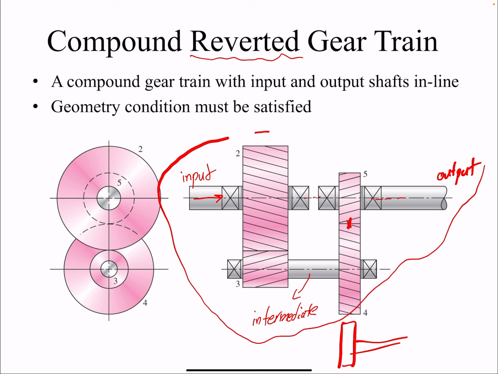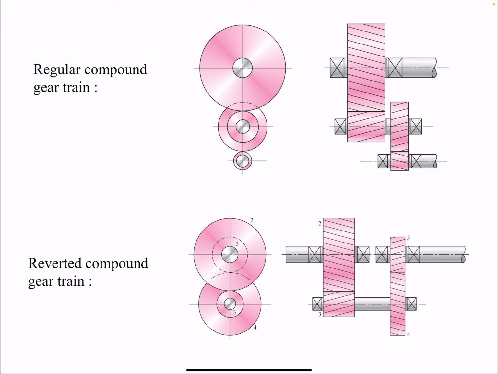There's only one problem, which is that these two distances have to be the same. So if you want to make them aligned, you need to make sure that you're satisfying the geometrical condition as well. So let's compare them again: regular compound gear train and reverted compound gear train. You can see that it takes much less space doing the same thing.